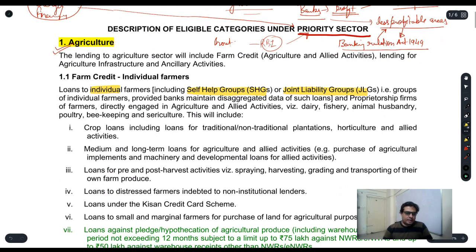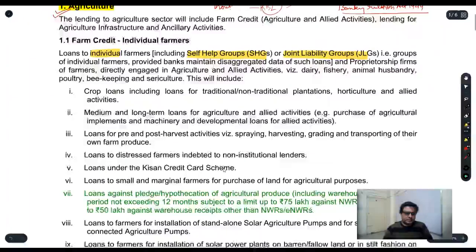Here the things mentioned are loans under the Kisan Credit Card scheme, crop loans, or medium term or long term agriculture activities. All the activities of primary agricultural credit cooperative societies come under priority sector lending.